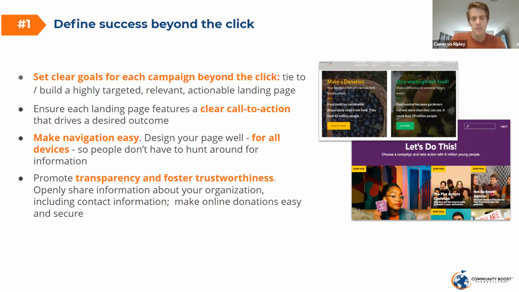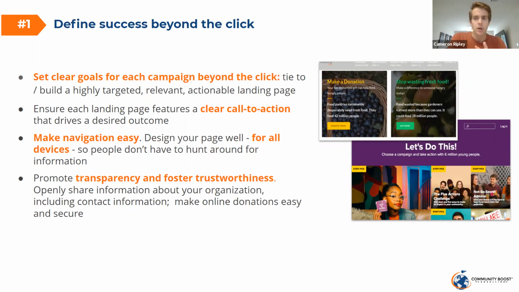Next is make sure your landing pages on site have very clear calls to action to drive that desired outcome. People don't do this enough, to be honest, when they're doing their web development. From there, you want to make navigation easy, design your page well, and definitely focus on how well your site looks and performs on mobile.